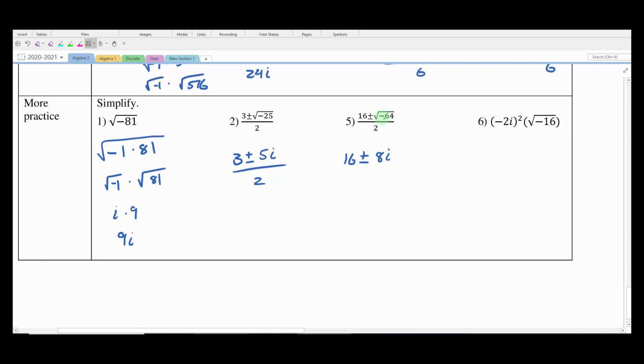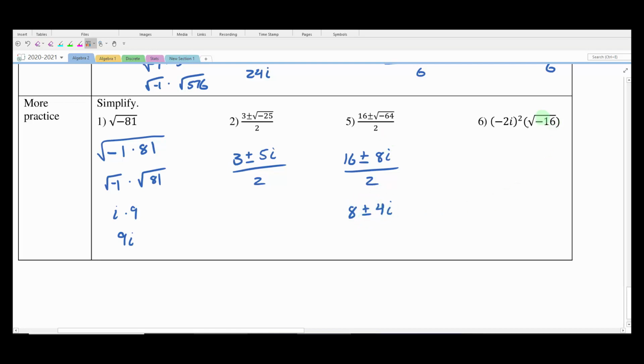That negative square root of 64, okay, is 8i over 2. 16 and 8 are both divisible by 2, so I'm going to go ahead and divide. Right? So 16 divided by 2 is 8, and 8 divided by 2 is 4. So we would just say 8 plus 4i, 8 minus 4i. And for this one, we don't have to separate them. We'll just keep it like this. We can say 8 plus 4i and 8 minus 4i.